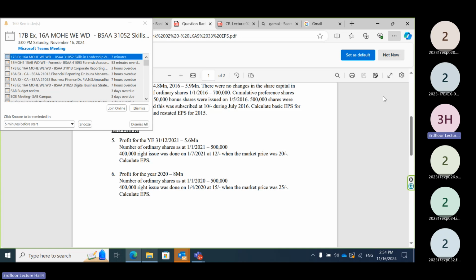Have you started? 2023 earnings per share, calculate. Then 2023 earnings per share.